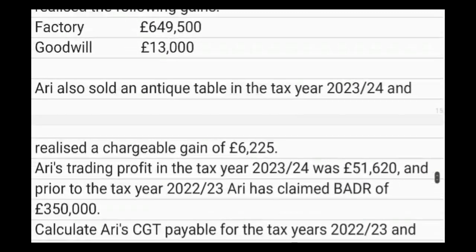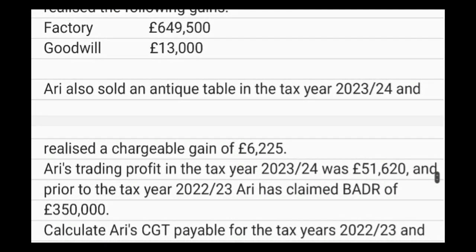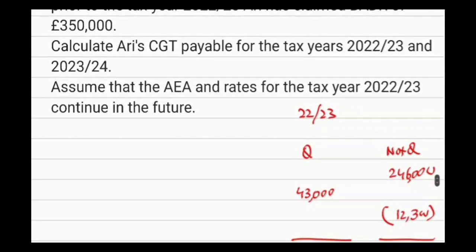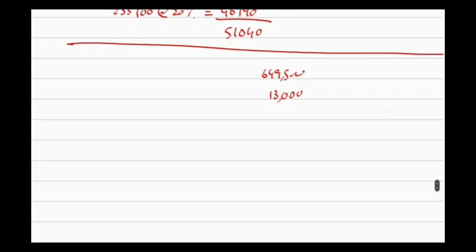But first consider if there is any asset that won't qualify for BADA relief, that is 6,225. So the antique table won't qualify for business asset disposal relief. So now the totals are 6,62,500 and 6,225, right?